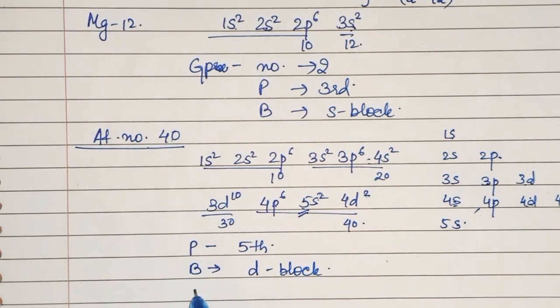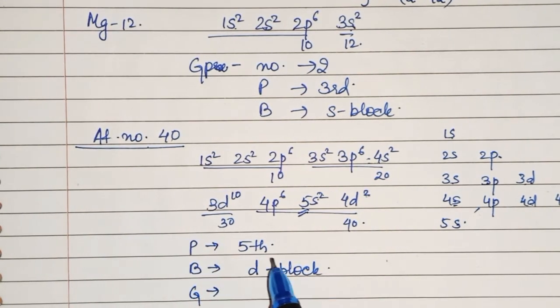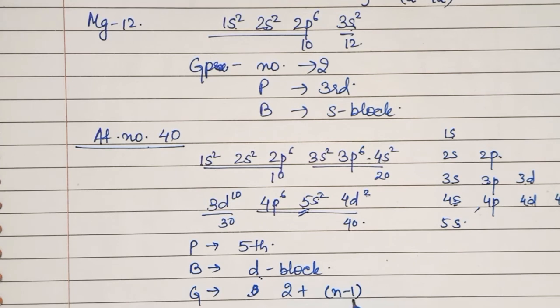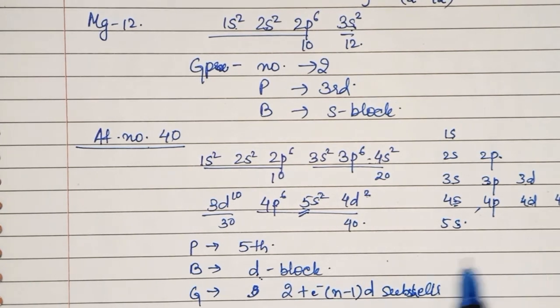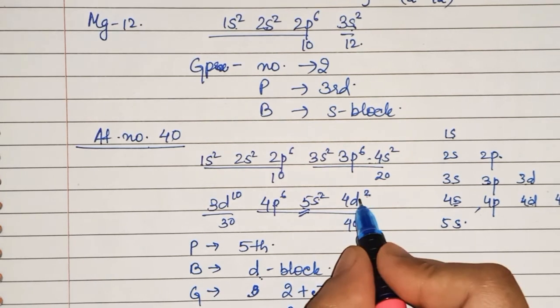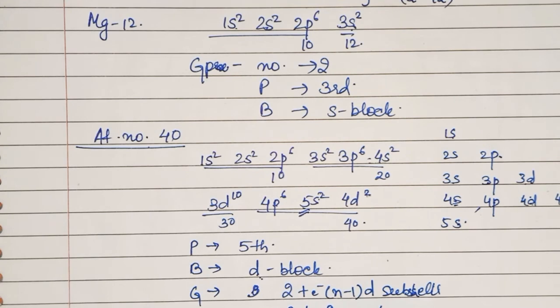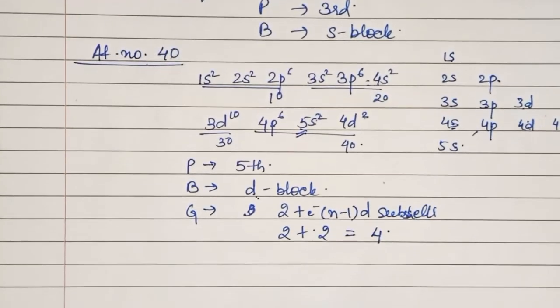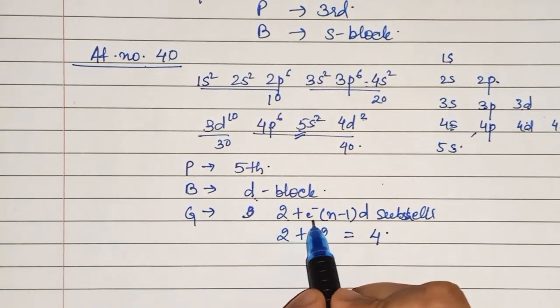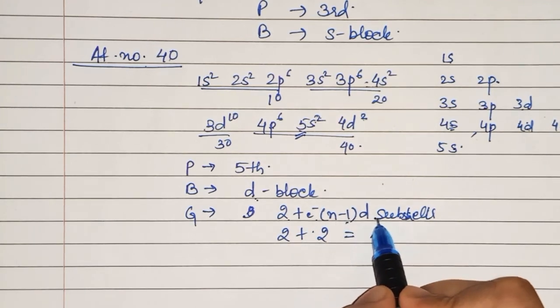Then the group number. It is a D block, so it will be 2 plus the number of electrons in the n minus 1 D subshell.